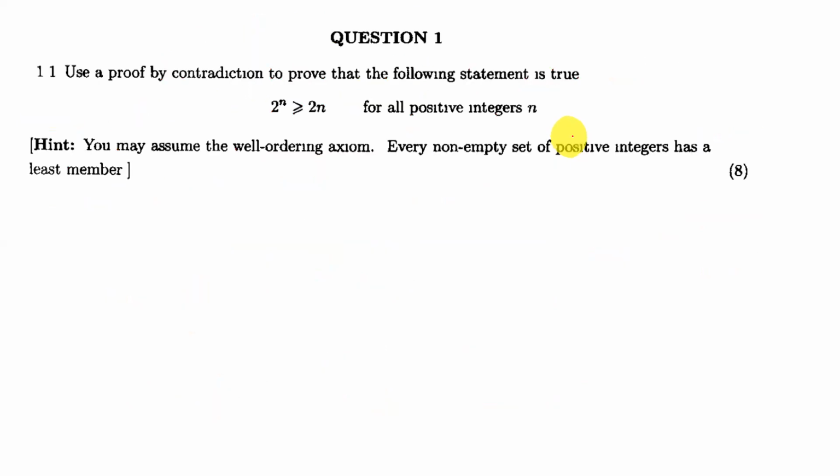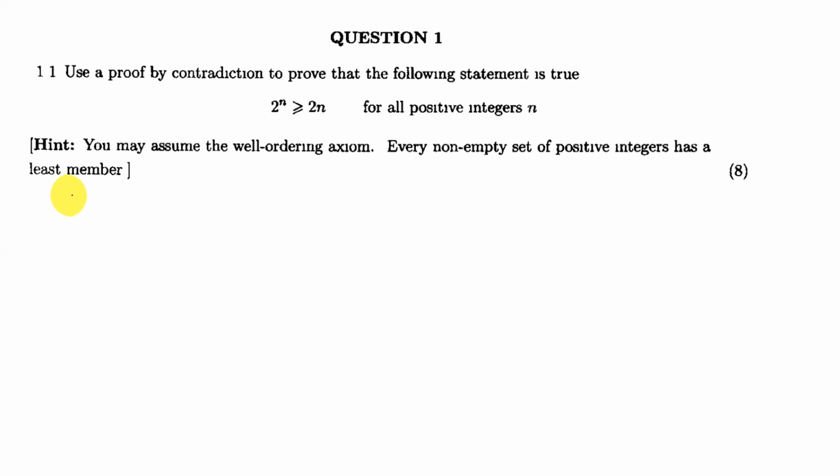Now, next question. Use a proof by contradiction to prove that the following statement is true. You may assume the well ordering axiom, which states every non-empty set of positive integers has a least member.